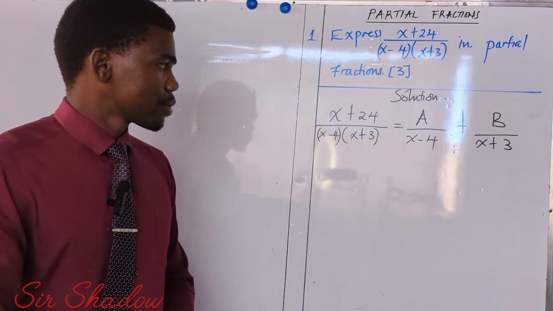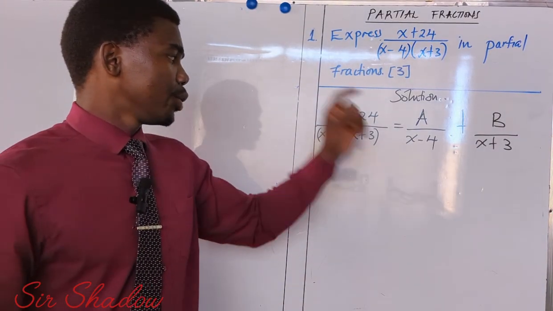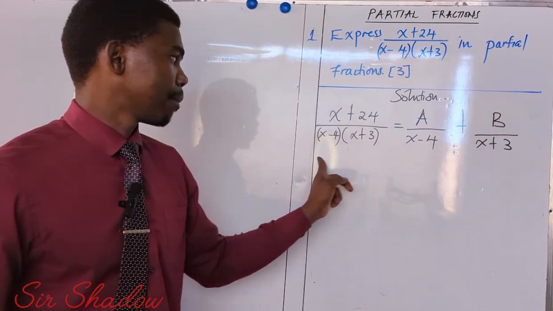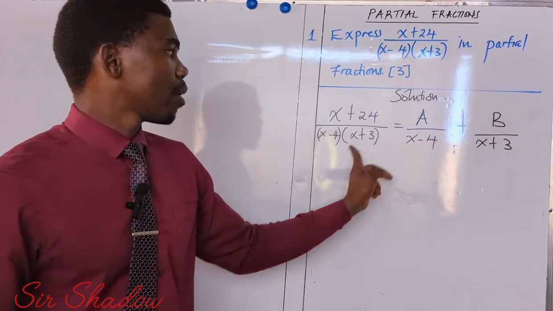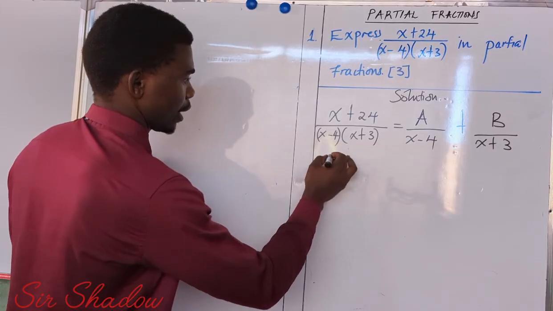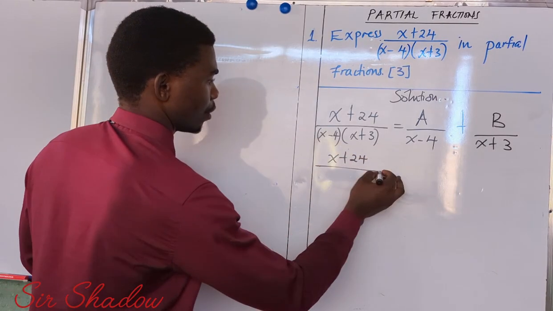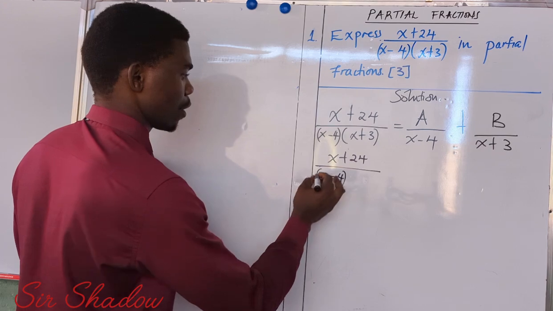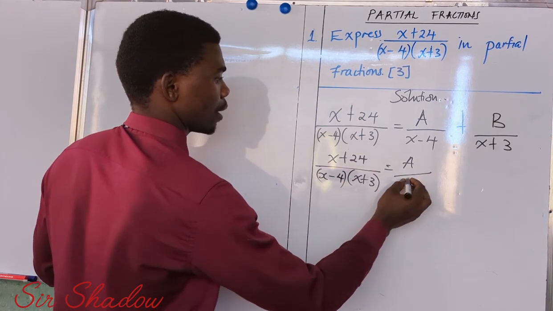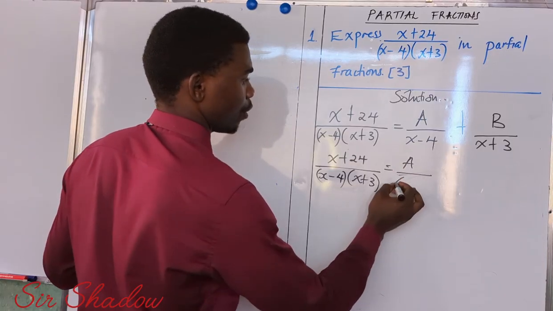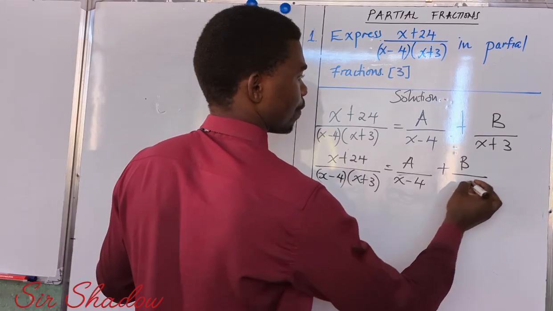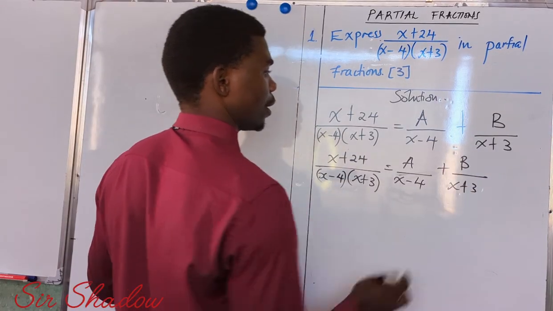For us to come up with this solution, we multiply by the LCM, which is (x - 4)(x + 3). So (x + 24) over (x - 4)(x + 3) equals A over (x - 4) plus B over (x + 3).